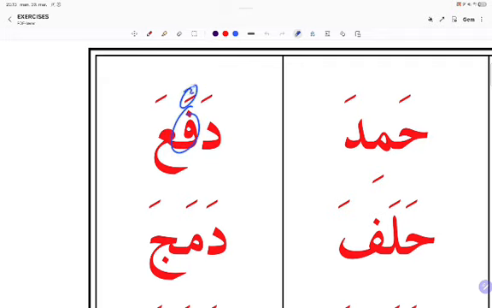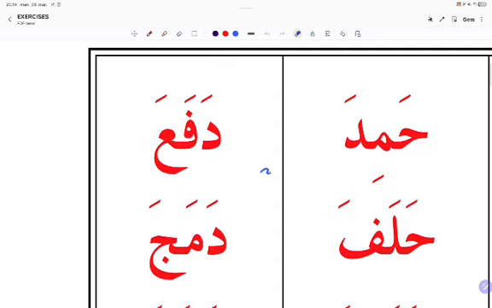Fa, fatha, fa. This one in the end, you remember when we talked about ain, we said when it's in the middle, it has a triangle-looking head and it's filled, right? And at the end, when we have ain, it's also like that.